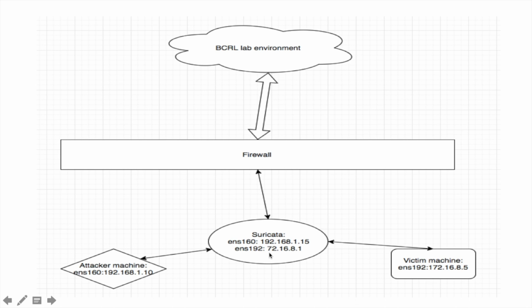It has the IP address of 172.16.8.1. To protect the BCRL lab environment, we created a firewall in between, to make sure that anything we do in Suricata or in our 612 final project lab environment is not going to affect the production environment of the BCRL lab.